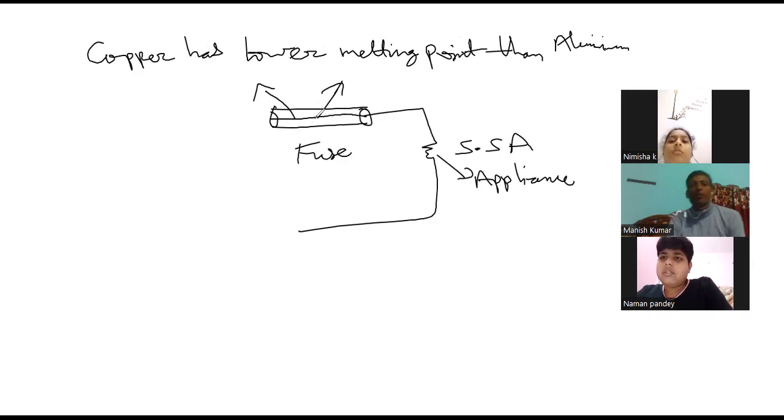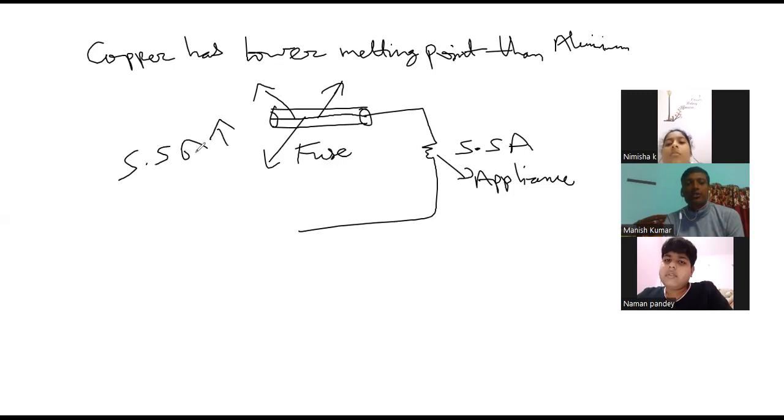If we are using copper wire, it will melt very soon in comparison to aluminum. So we want an element that will break itself or melt just after 5.5 amps, isn't it? Okay, sir. So we are using copper because it is giving us better results than aluminum. Understood? Yes, sir.